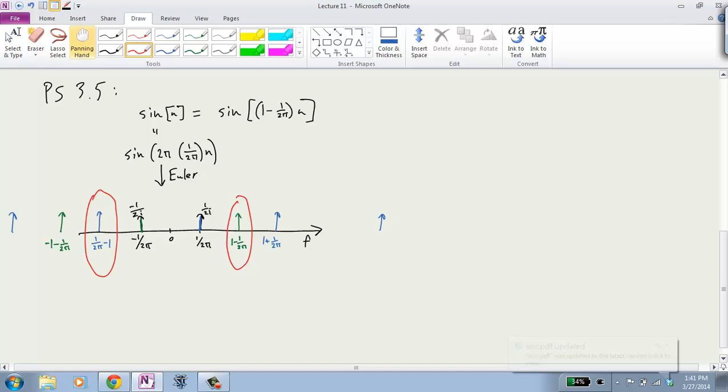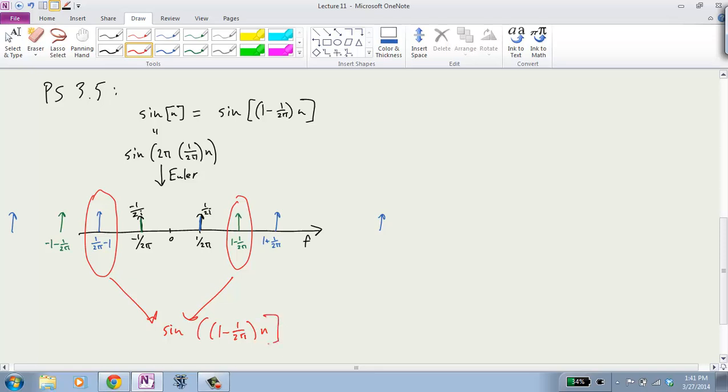I started out with the sine of n, saying here are the 2 original delta functions, and then I had to make these aliased copies. But now I can say this is the same as identifying these 2 delta functions and saying everything else is aliased copies, and combining these back together and getting sine of 1 minus 1 over 2 pi n.